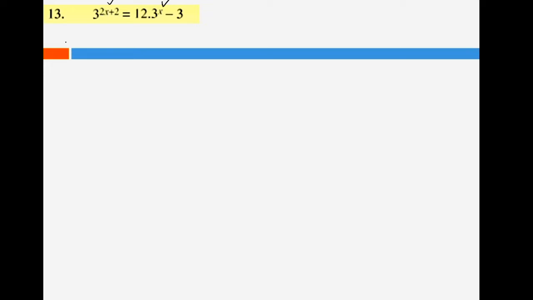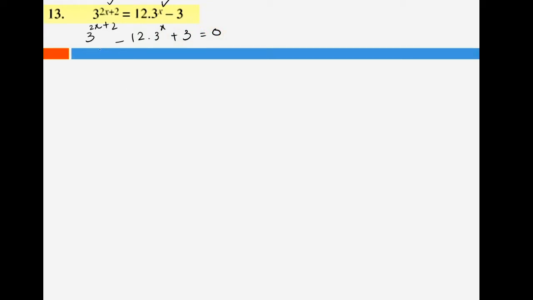Now we have to reduce this exponential equation into a quadratic equation. Let's check how we are going to do it. 2 into 2^(x+2). First of all, I am going to convert it into standard form. Minus 12 into 3 raised to the power x plus 3 is equal to 0.